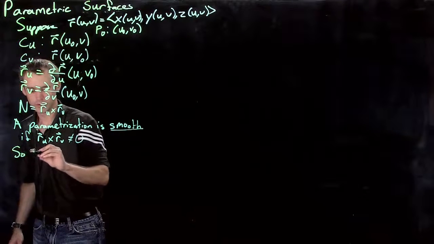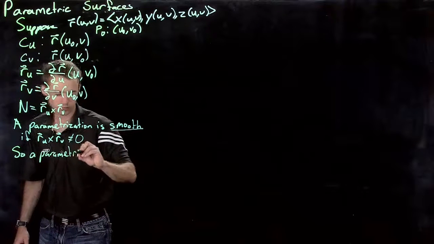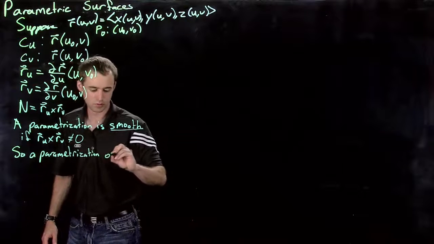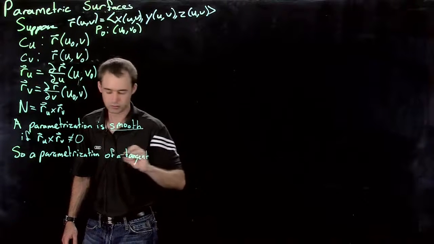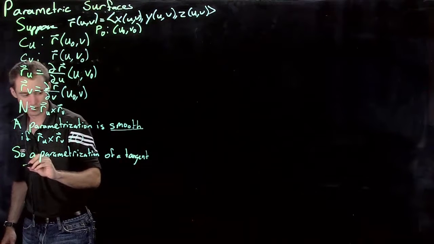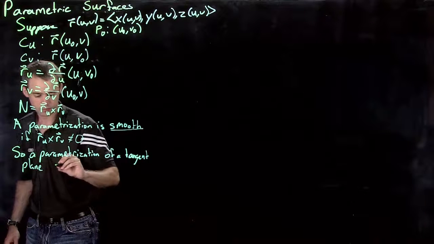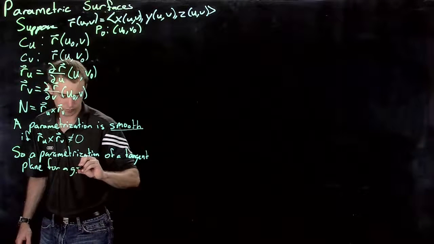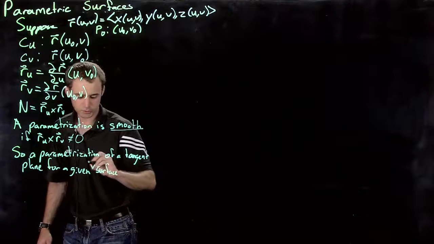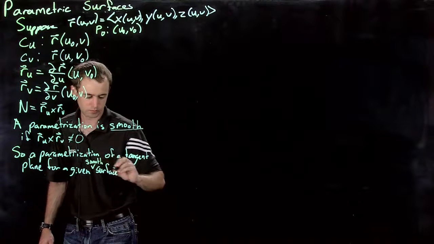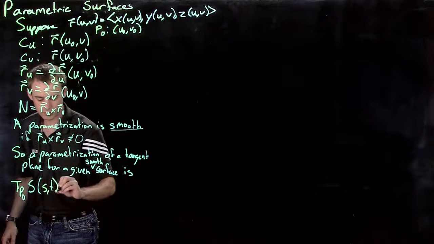So to summarize, a parametrization of a tangent plane for a given surface S, I should say smooth surface, is of s and t.